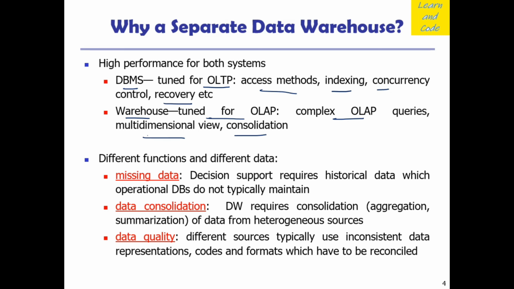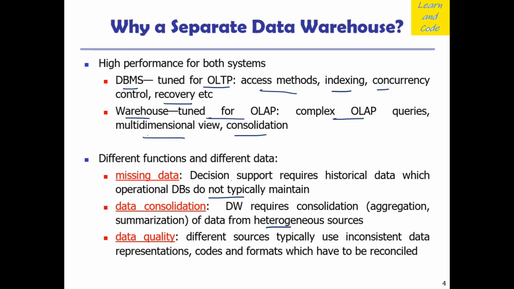Then if we talk about the different functions and missing data, decision support requires historical data, right? But in case of databases, we do not have historical data. Data warehouses also require consolidation. We need to do aggregation and summarization of data from different heterogeneous sources.